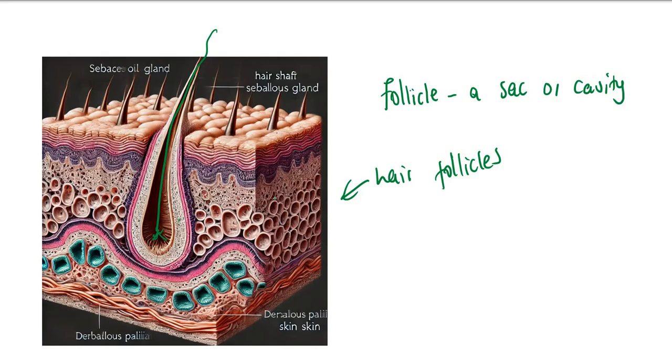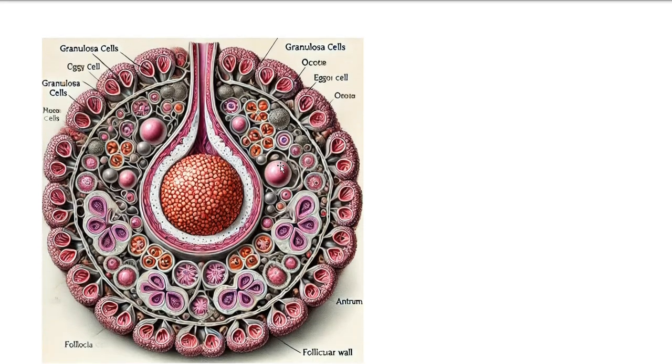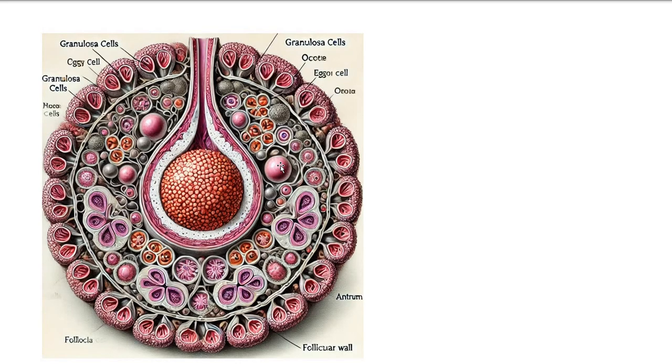A hair follicle is a cavity, meaning some space in which some other substance will be in. The hair will be inside this space which is called a cavity.